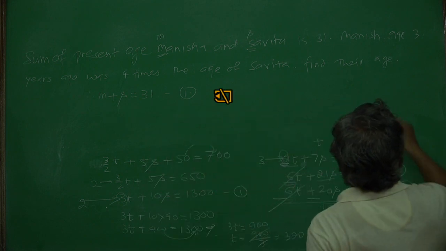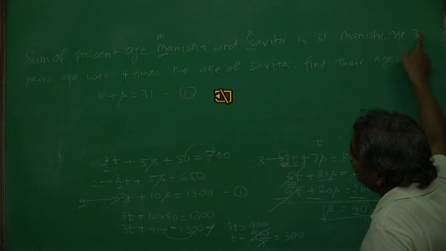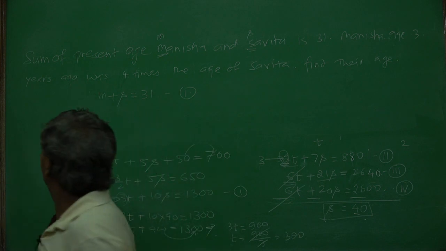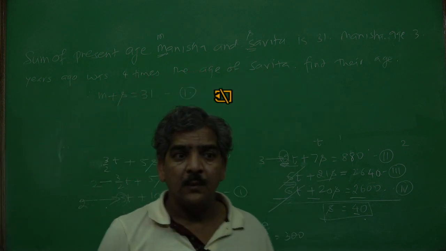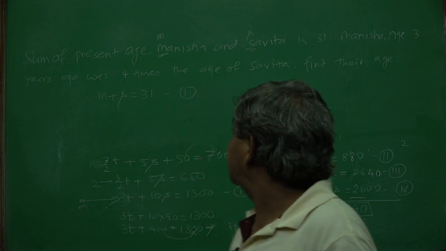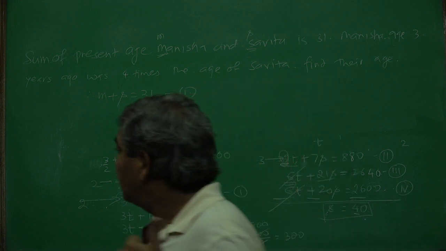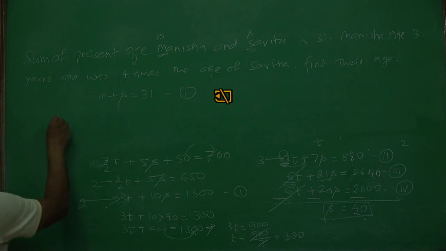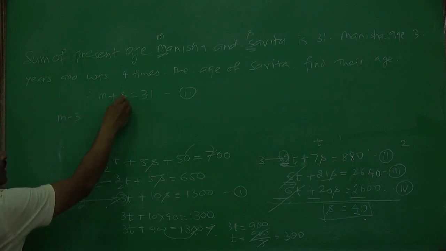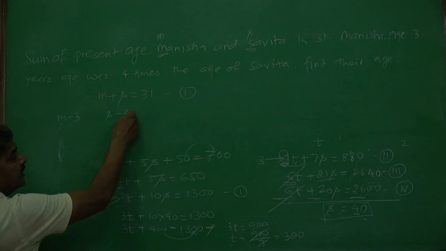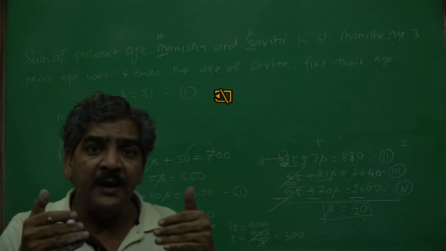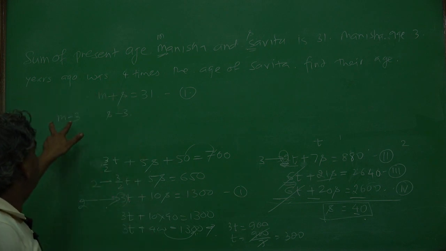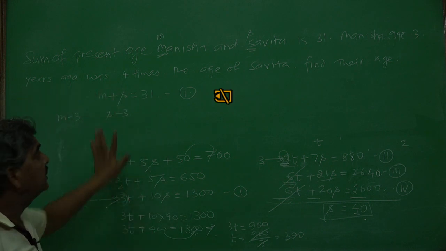Next, Manisha's age 3 years ago was 4 times the age of Savita. So let's go back 3 years. M minus 3, and Savita also 3 years, so 3 years ago their ages were M minus 3 and S minus 3.